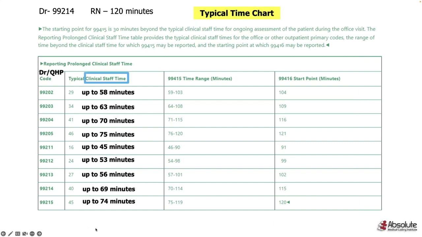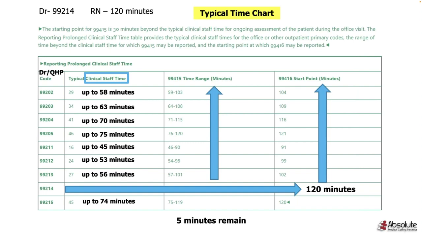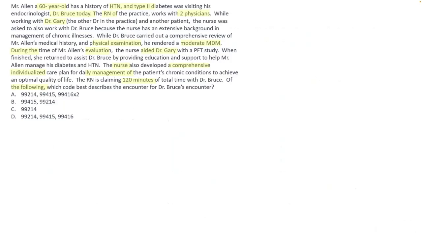All right. So here's the typical clinical staff time based off the doctor visit. We have 120 minutes to code for. We can code for the 99415 and 99416. So 1 unit of 99416, because only 5 minutes remain. What do you mean, Mrs. J?